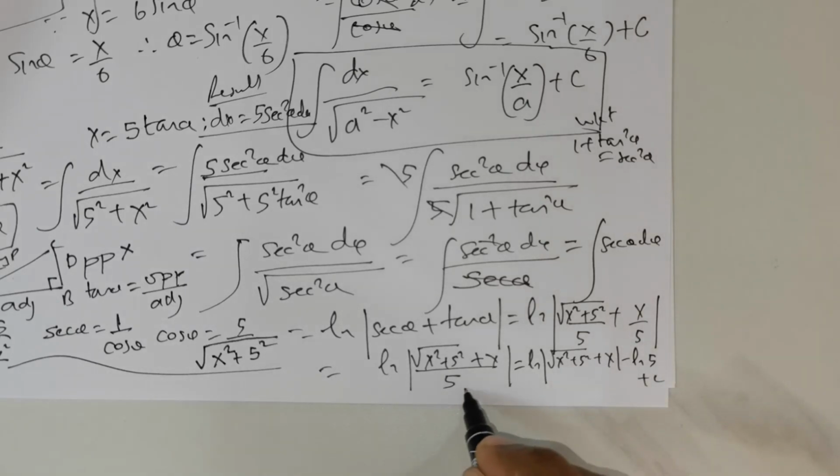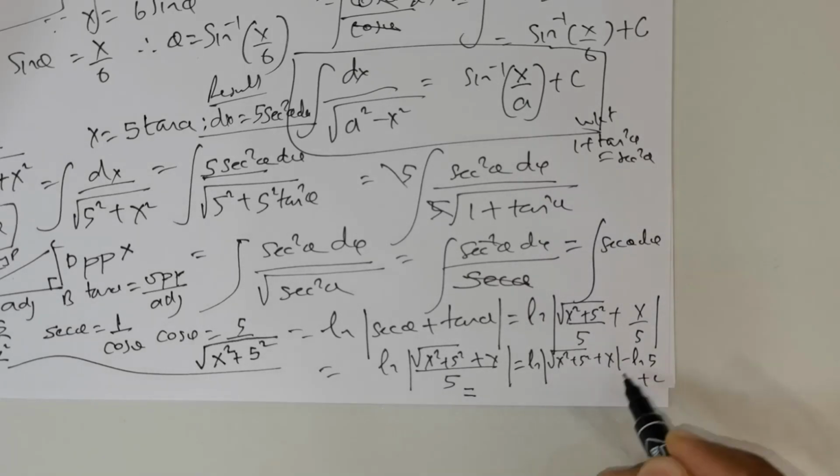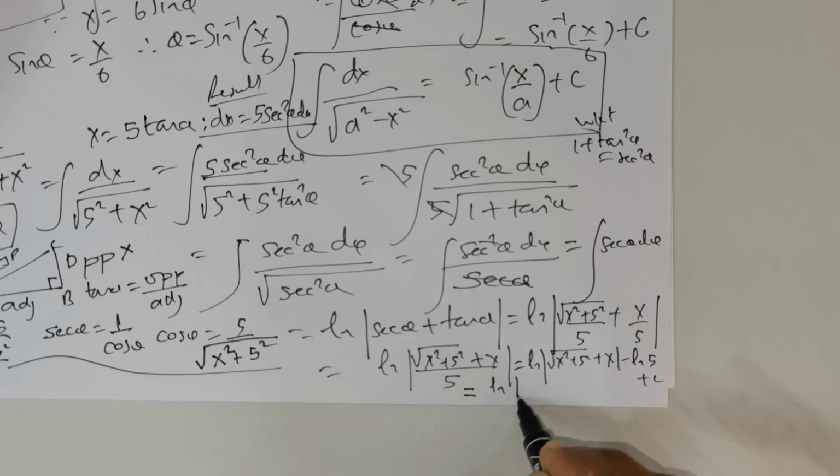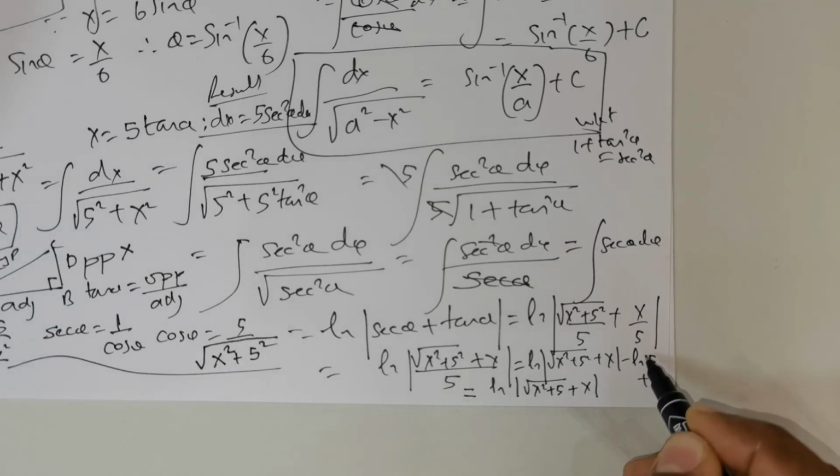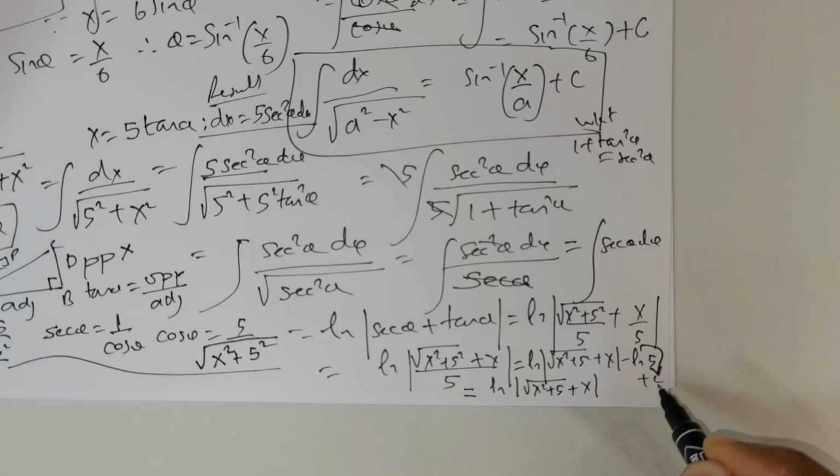But when we write the final result, we will rewrite this quantity as ln modulus of square root of x squared plus 5 squared plus x. We will not mention this minus ln of 5. What we do instead is club it with this arbitrary constant c, right? So in other words, this constant gets absorbed by this constant c, and we write the final result as plus c.